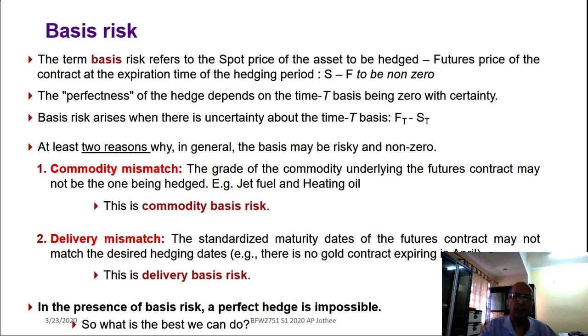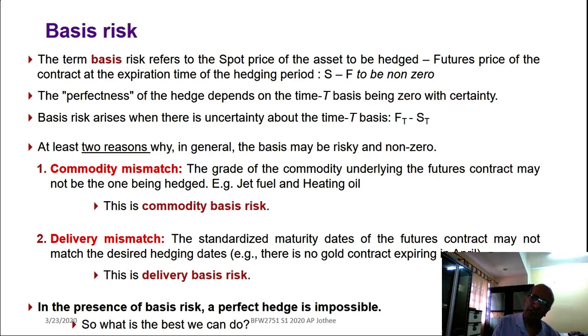For example, you want to buy jet fuel after 3 months and you're afraid the price will go up, so you want to hedge it using jet fuel futures. But looking at the market, there are no jet fuel futures. So you select one that is highly correlated, heating oil, and use heating oil futures to hedge jet fuel price.